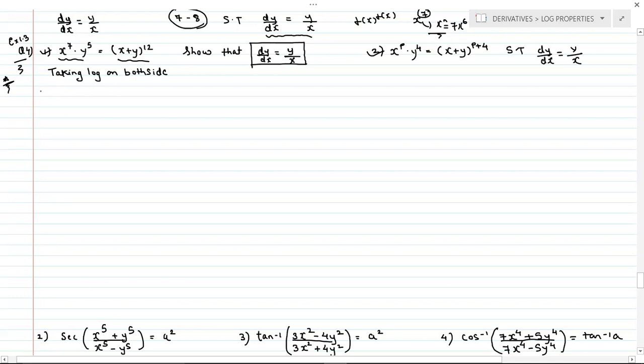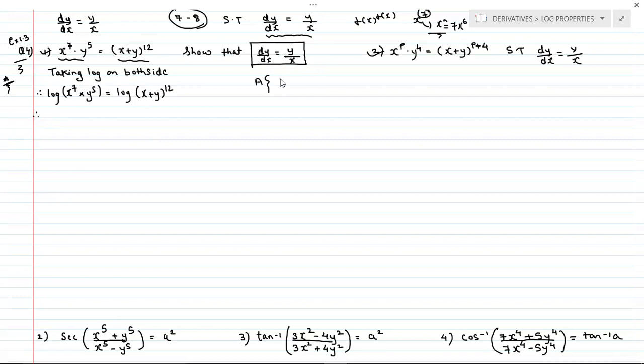Remember this. So here this will be log of x raised to 7 into y raised to 5 equals log of (x plus y) raised to 12. Whenever we are dealing with sums with respect to log, or we take log on both sides, first do the adjustment with respect to log properties and then take the derivative.